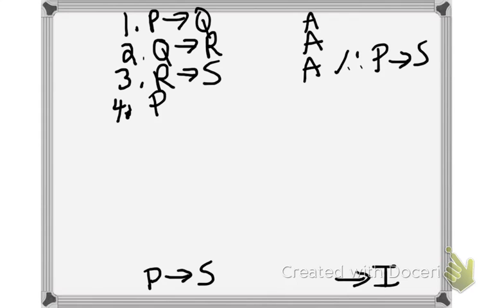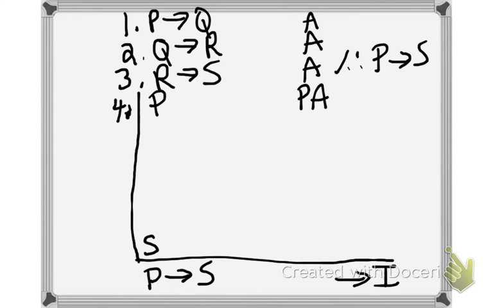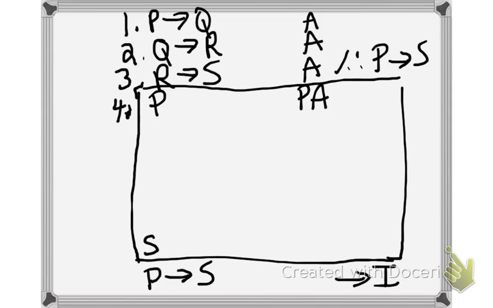So assume P. That's a provisional assumption, and we're going to try to get to S. When we get to S, we can say, aha, P arrow S by arrow in. And I'm going to put all of this in a box right now, because I know that's where the box is going to go. Then I can just write everything else inside the box as I go along.